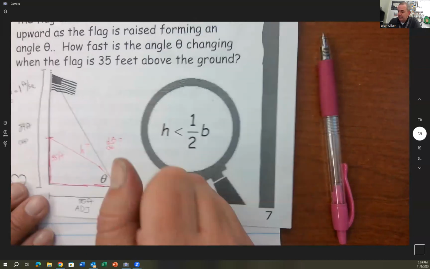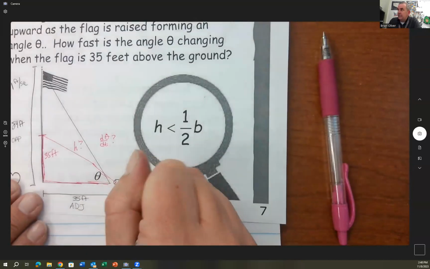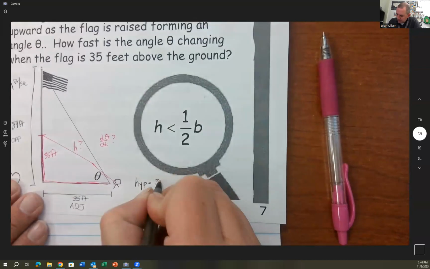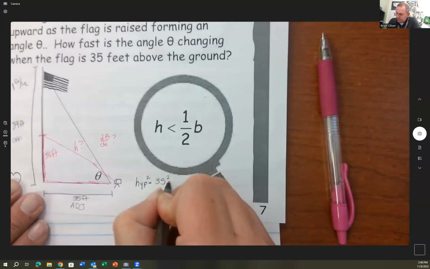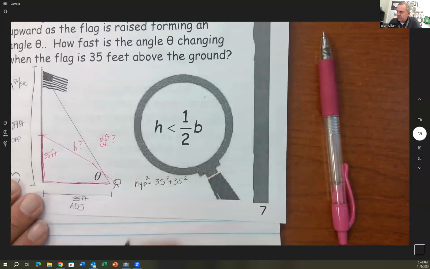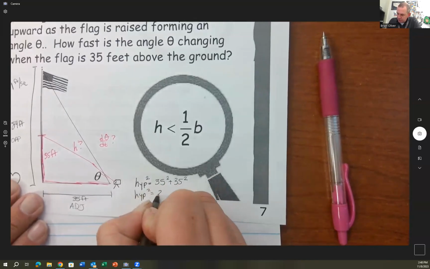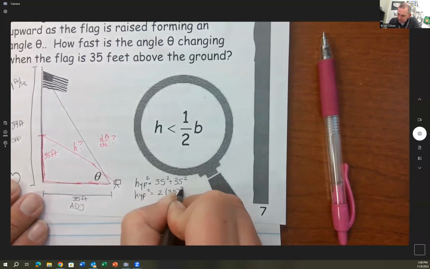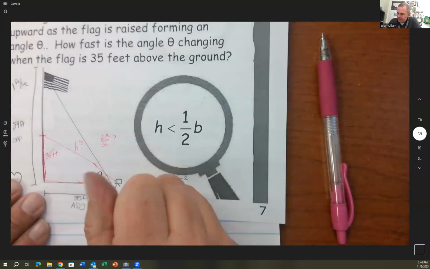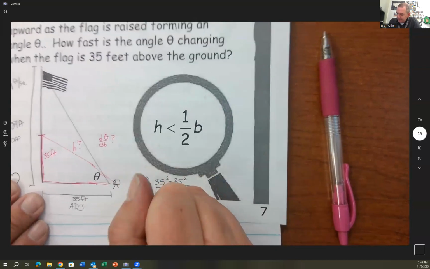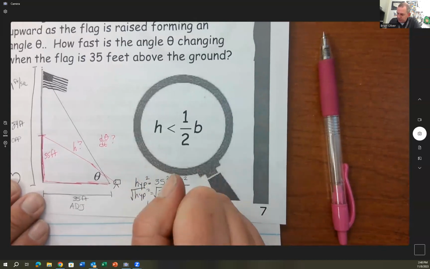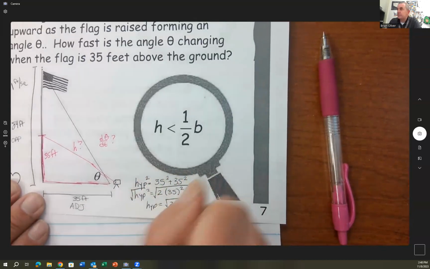So hypotenuse squared is 35 squared plus 35 squared. That tells me that hypotenuse squared is equal to 2 times 35 squared. Take the square root of both sides, and the hypotenuse is equal to the square root of 2 times 35 squared.